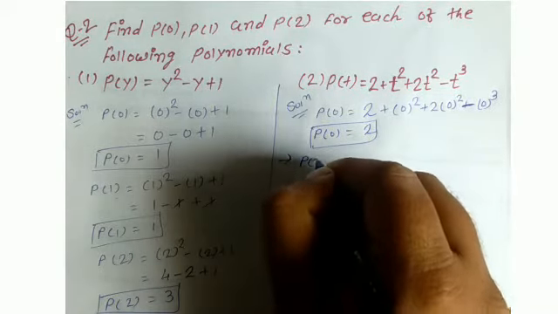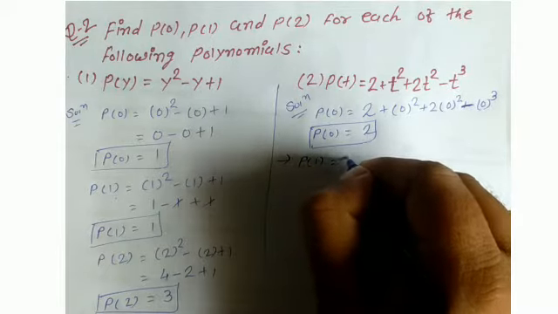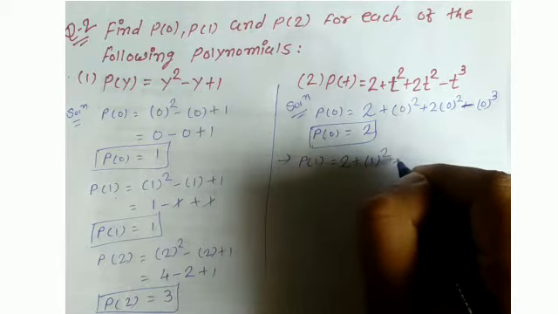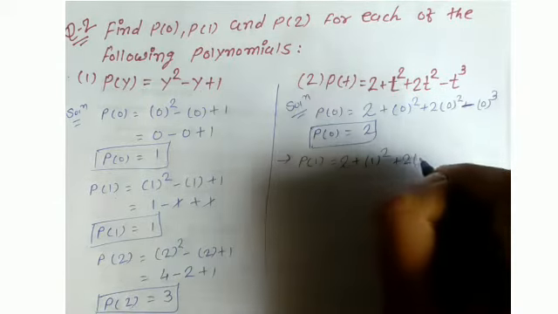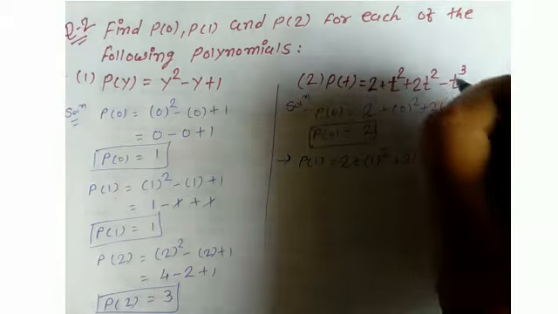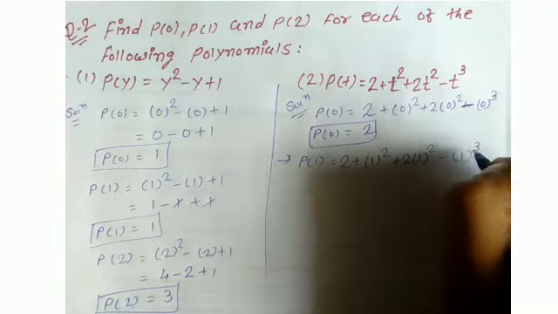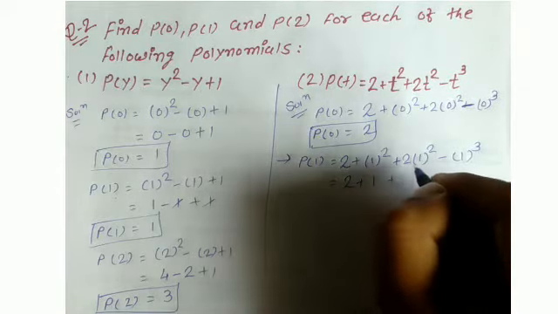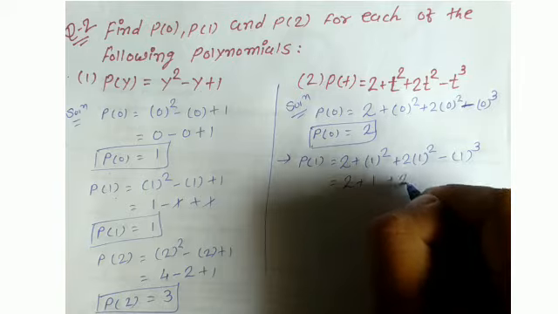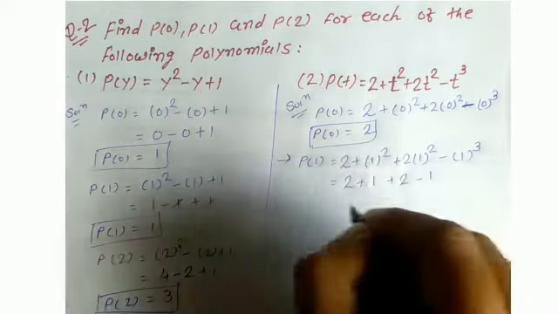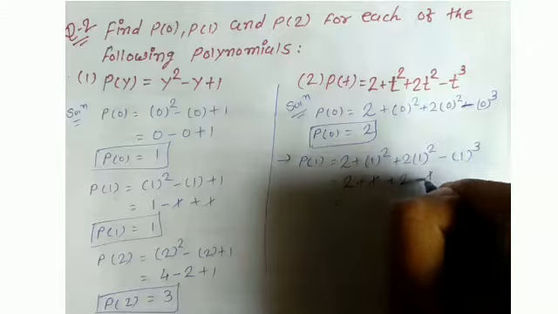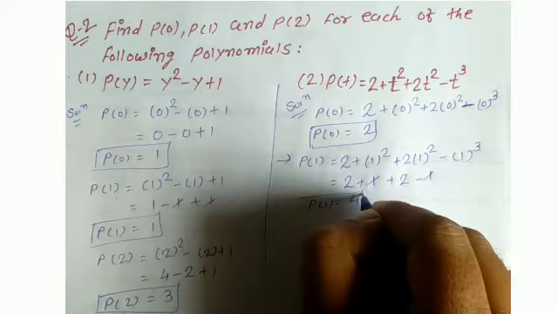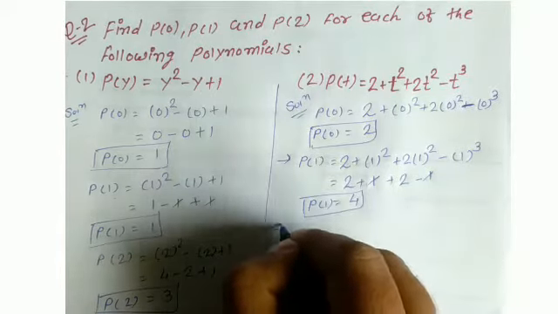Now p of 1 is equal to 2 plus 1 square plus 2 into 1 square minus 1 cube. That is 2 plus 1 plus 2 minus 1, and 1 is cancelled out and our answer is 4. So p of 1 is equal to 4.